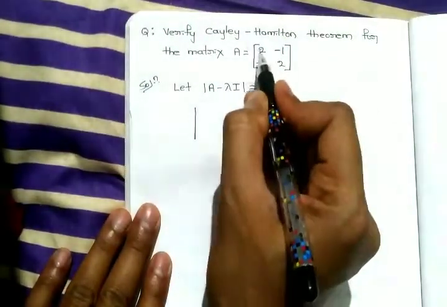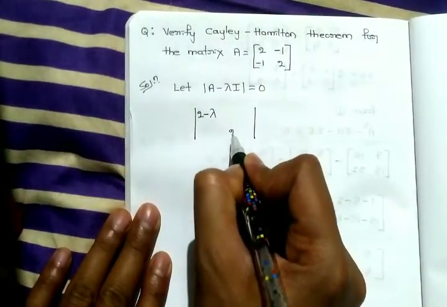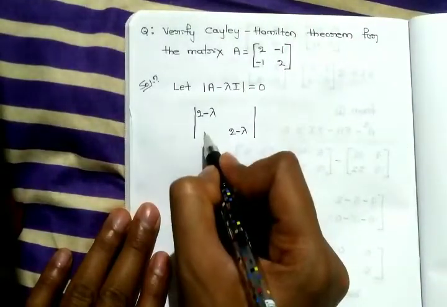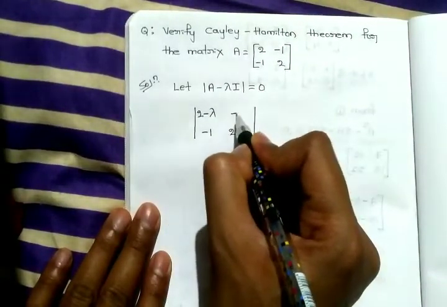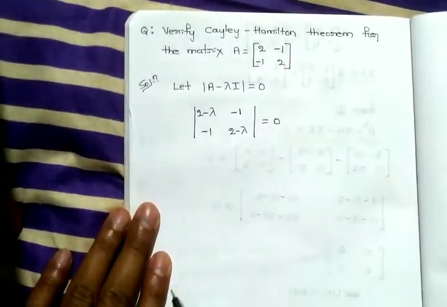For principal diagonal elements, subtract lambda: 2 minus lambda, 2 minus lambda, and the remaining two keep as they are, minus 1, minus 1, equal to 0.